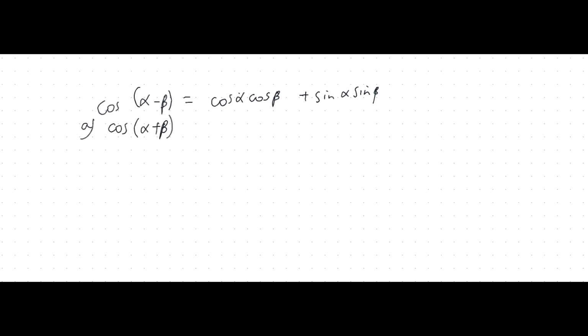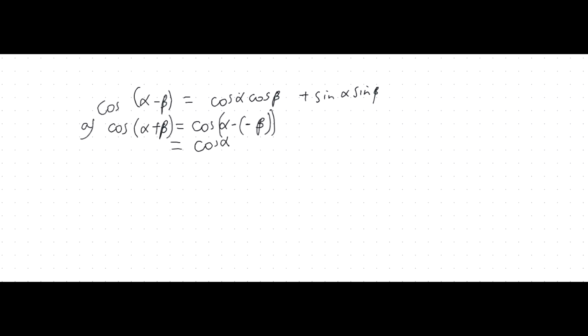So you take cos alpha plus beta is equal to cos of alpha minus, in brackets, minus beta. These two are the same thing. Now you apply this format. So you say cos alpha cos beta, where beta in this case is minus.